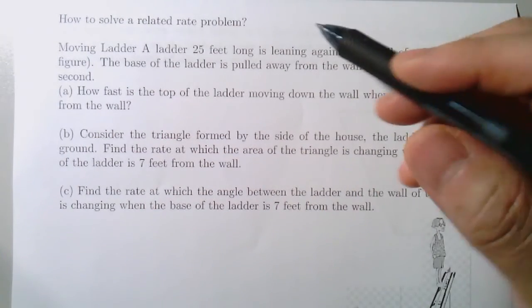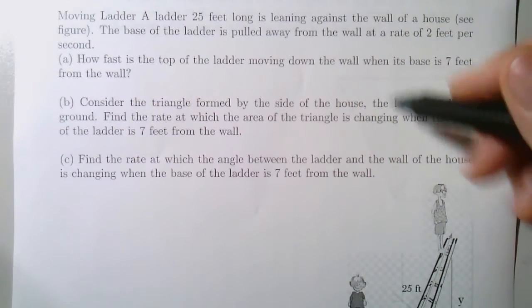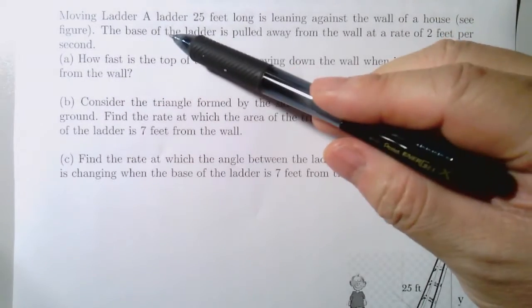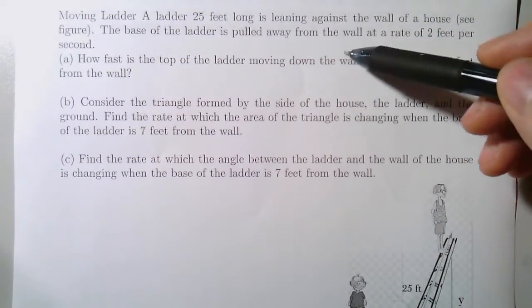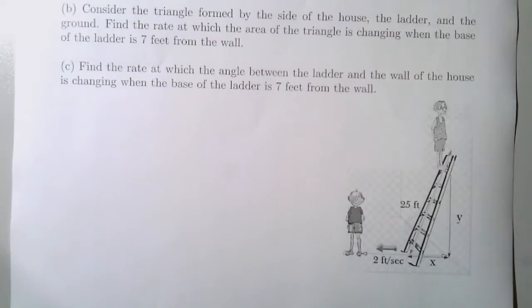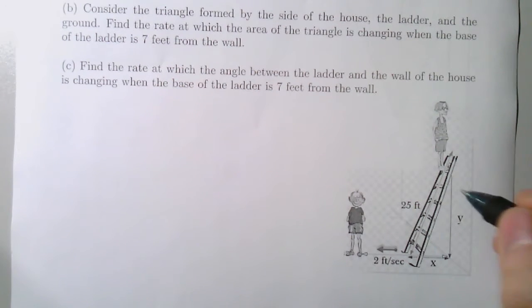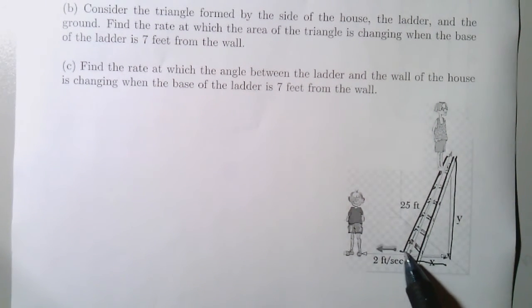Here we have a ladder 25 feet long leaning against the wall of a house, and the base of the ladder is pulled away from the wall at a rate of 2 feet per second. That's the wall here.